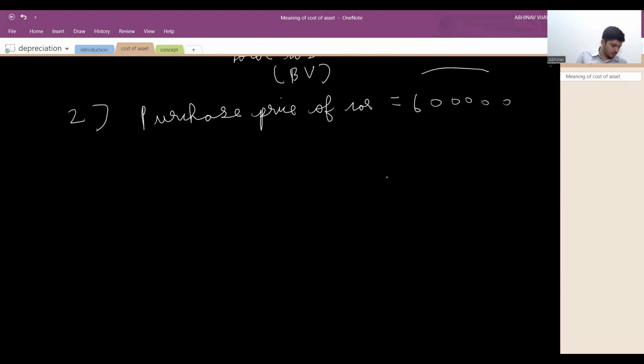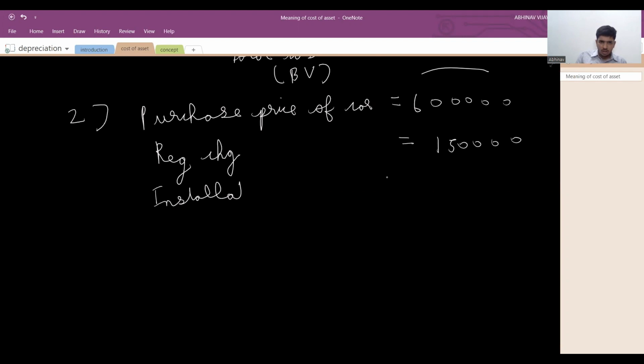Then registration charges 1 lakh 50,000 rupees. Installation charges 20,000 rupees.